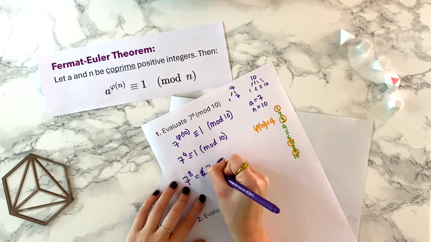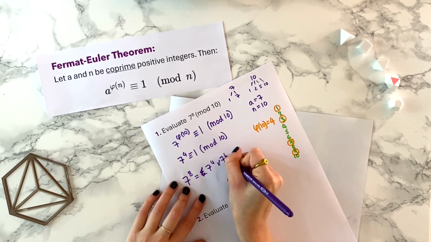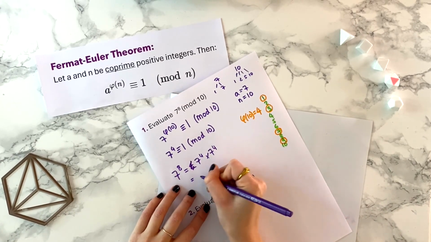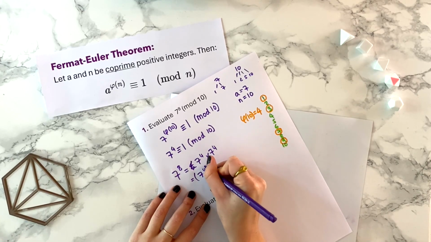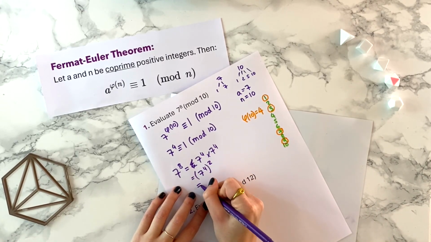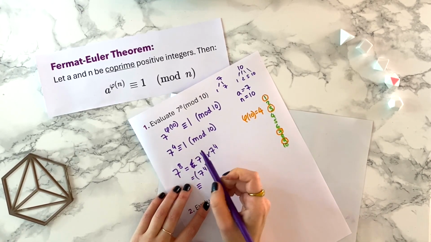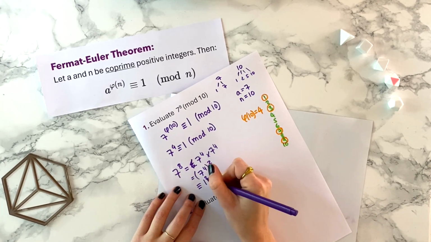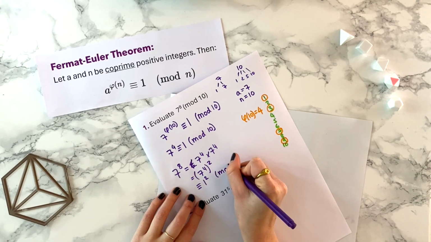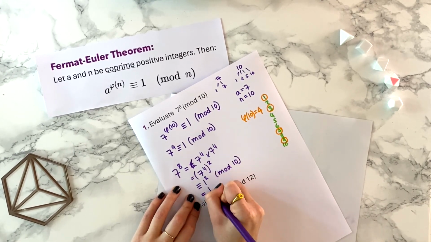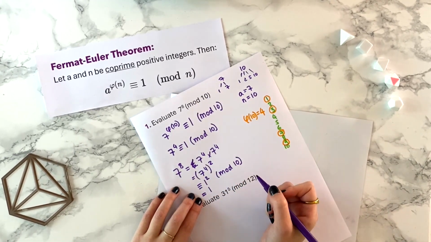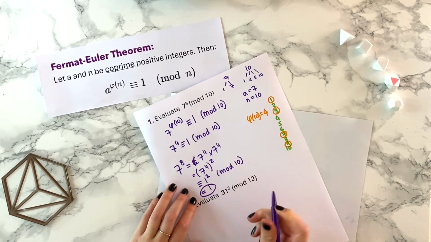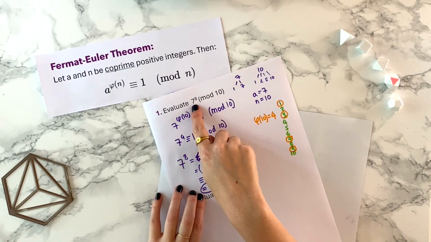This is 7 to the 4 times 7 to the 4, so I could also write that as 7 to the 4 squared. And we know that is congruent to 1 squared, or 1 times 1, which is just equal to 1. So we know that 7 to the 8 mod 10 is congruent to 1. So this little trick has sped things up for us.